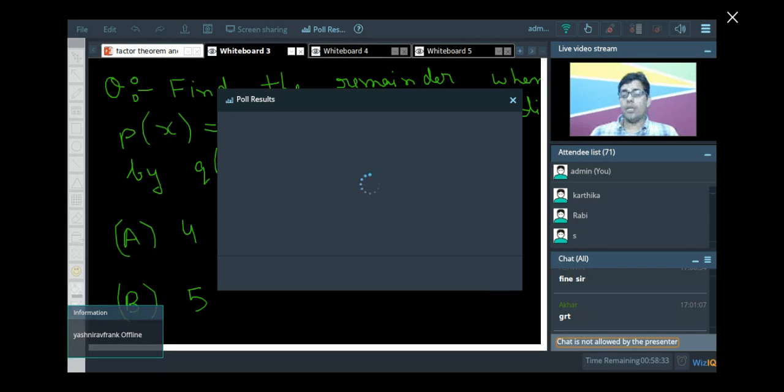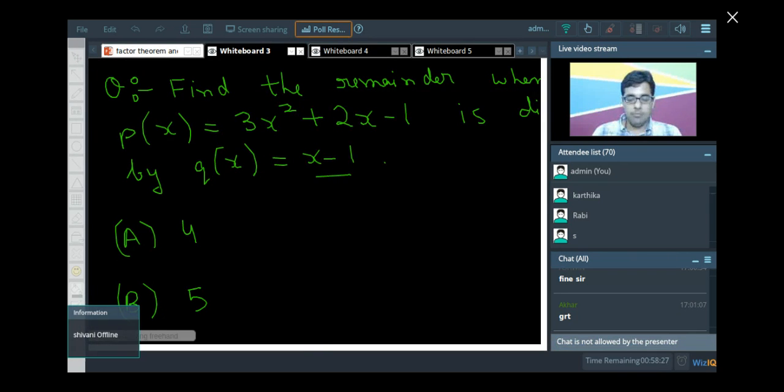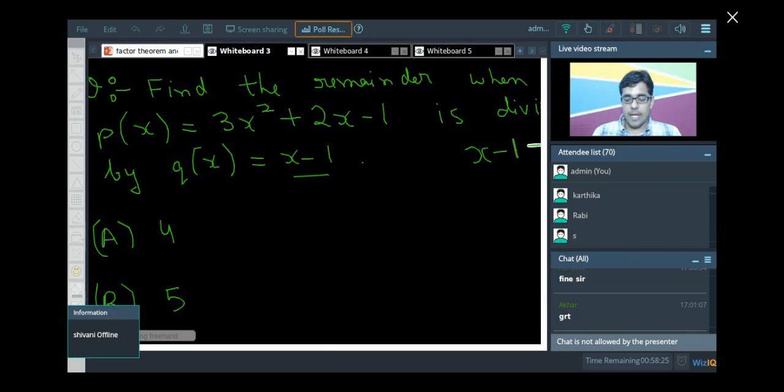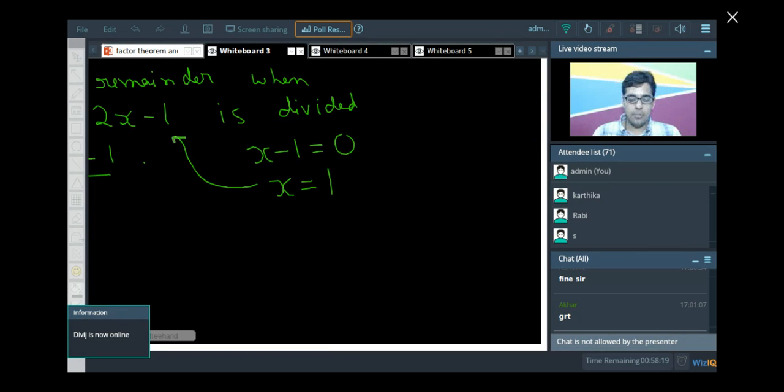So the remainder theorem says that if the divisor is q of x equals x minus 1, by putting x minus 1 as 0, finding x equals 1 and then putting that value in this polynomial, it will become the remainder.